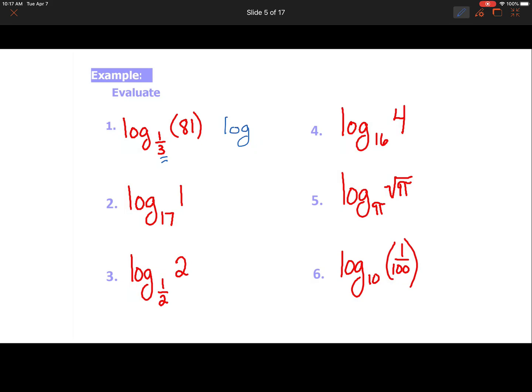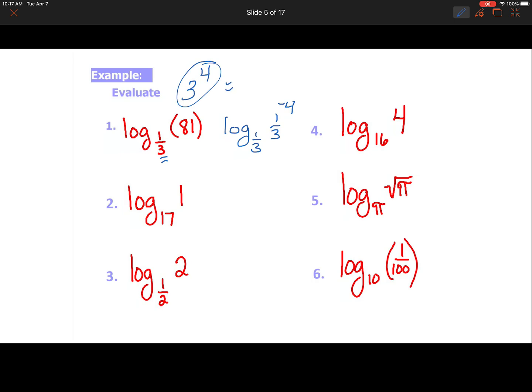Let me get that rewritten. 81 I can write as a power of 1/3. 3 definitely can be written. If you think about it, in this case, 3 to the 4th is 81. And so 1/3 to the negative 4 is going to be 81. So I can flip this.